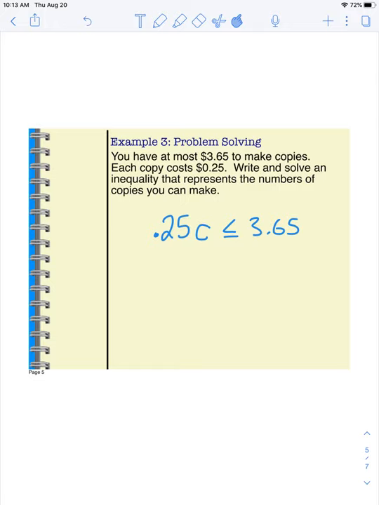So 0.25 times C is less than or equal to 3.65. Now I solve for C, I need to divide both sides by 0.25. And C has to be less than or equal to 14.6. And I can't have 0.6 of a copy, so if we're going to rephrase this to answer the question, the most copies I can make is 14.